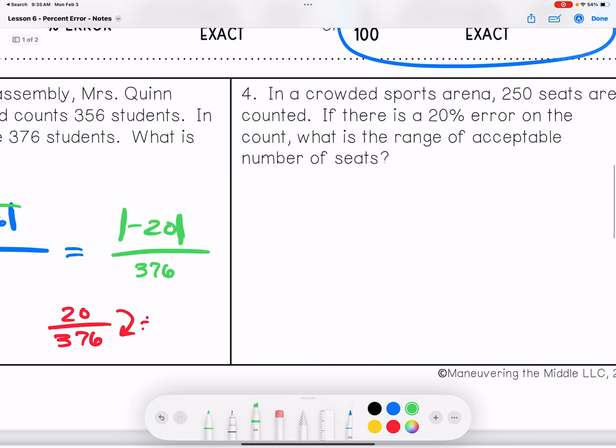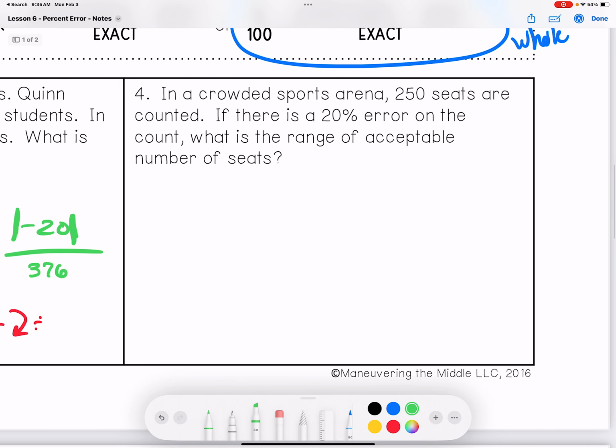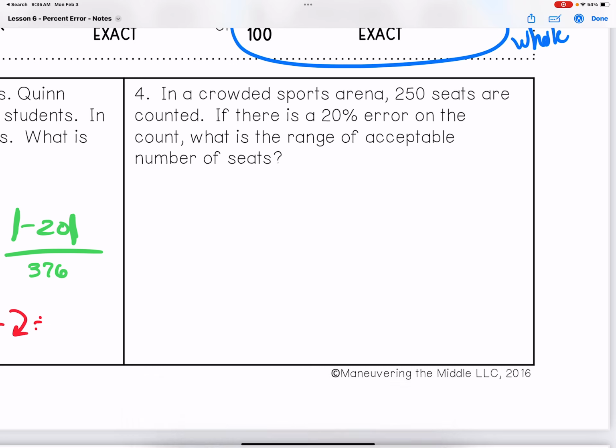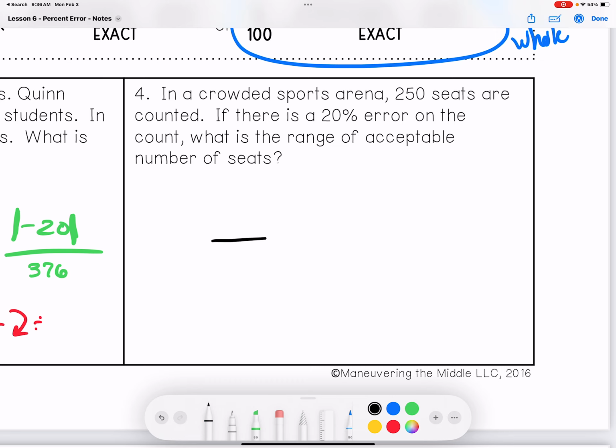All right? In a crowded sports arena, 250 seats are counted. If there's a 20% error on the count, what is the range of acceptable seats? So let's find the percent. Okay, or not the percent. Let's find what the acceptable range is. They give us the percent, which is, going to highlight them.